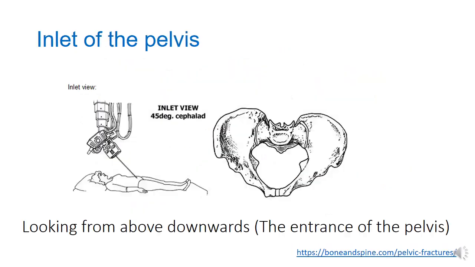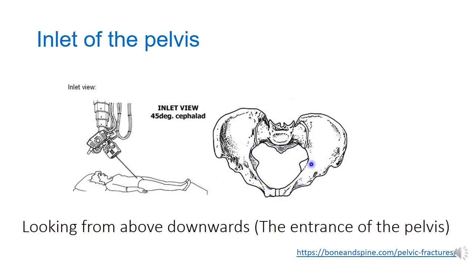And at the end of the sacrum there is, from the top view, so we see from the patient head towards the patient leg, what's called the entrance of the pelvis, or pelvic inlet. This is the pelvic brim at the inlet of the true pelvis.